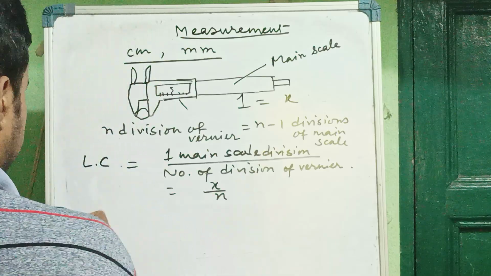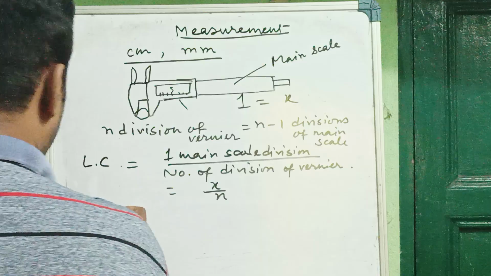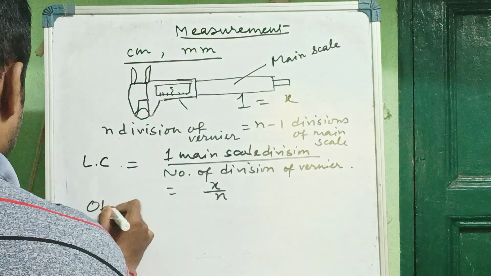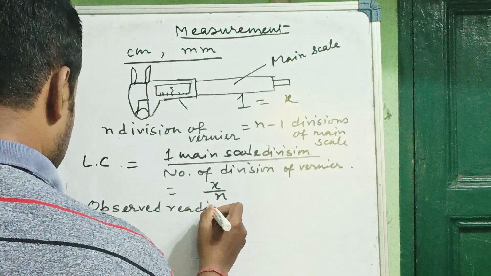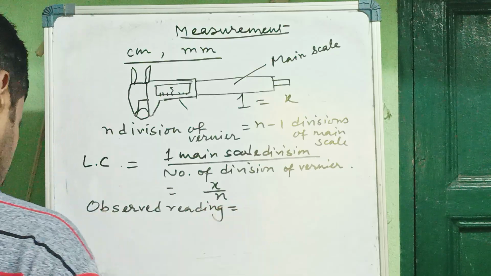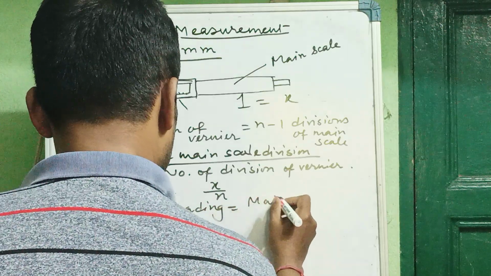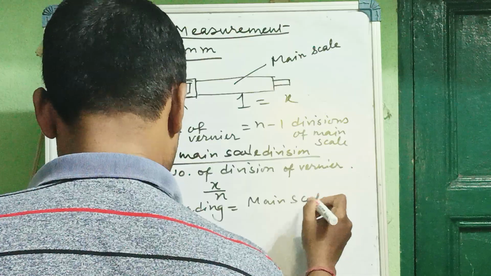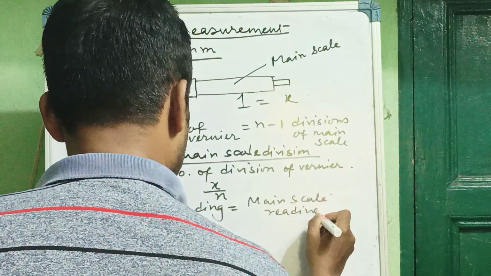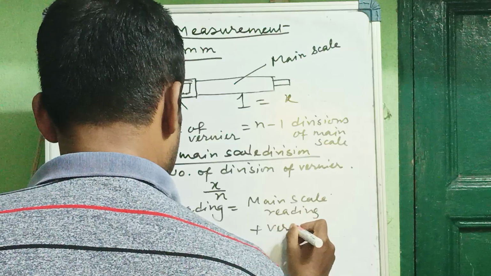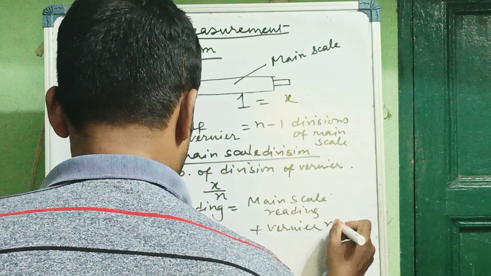Also the calculation formula: observed reading equals main scale reading plus Vernier scale reading.